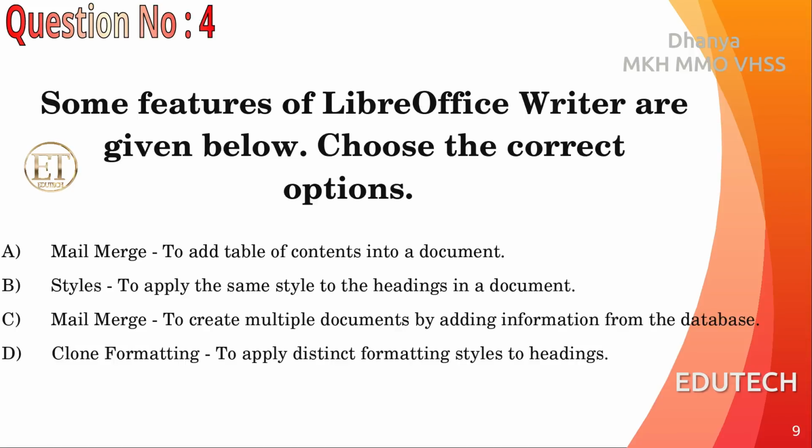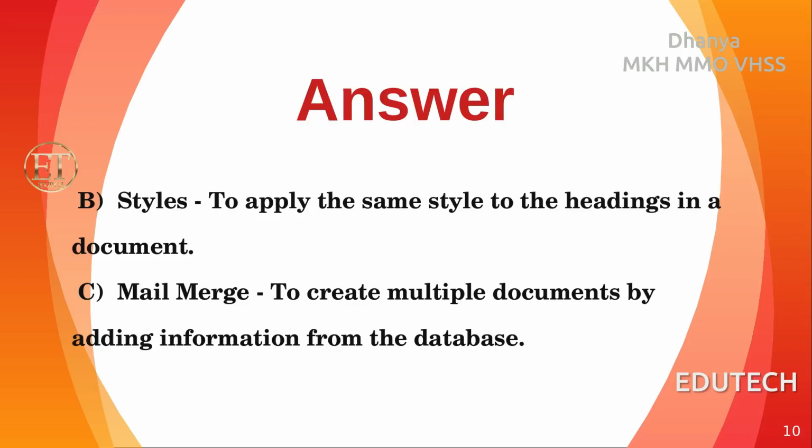D. Clone formatting to apply distinct formatting styles to headings. E. CTL font to change the English font of headings. Answer: B. Styles to apply the same style to the headings in a document. C. Mail merge to create multiple documents by adding information from the database.